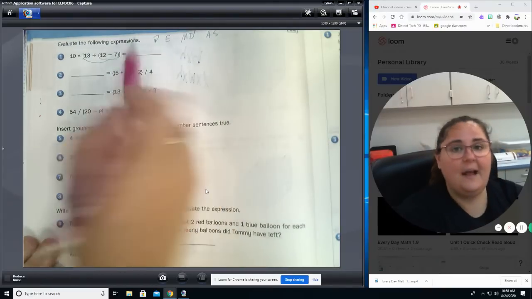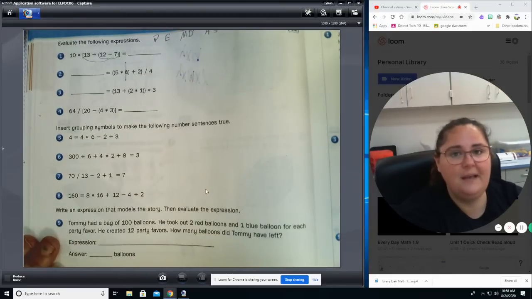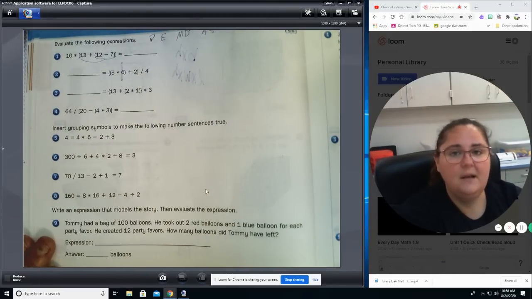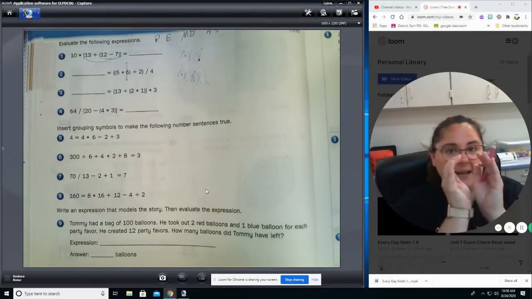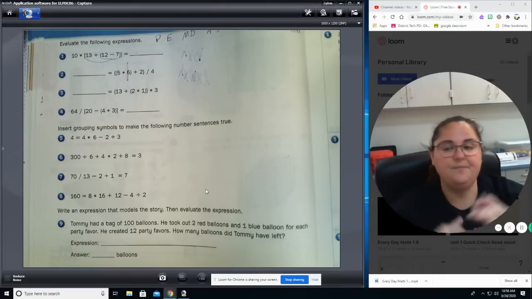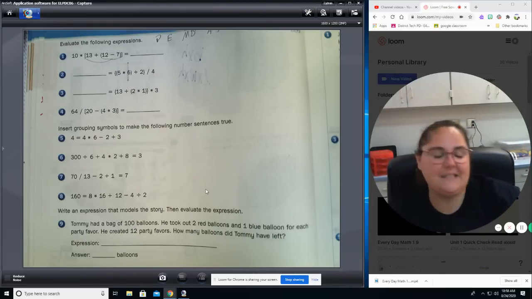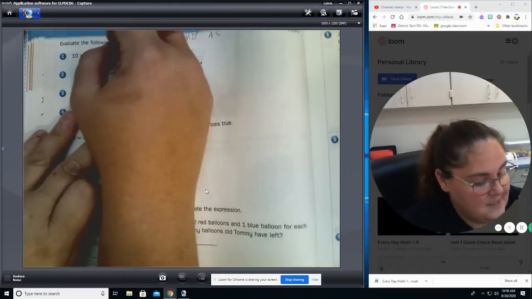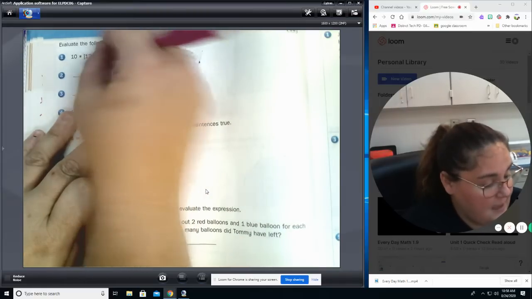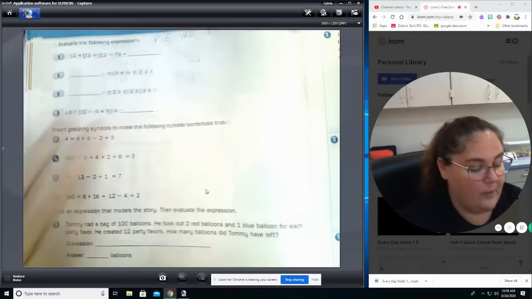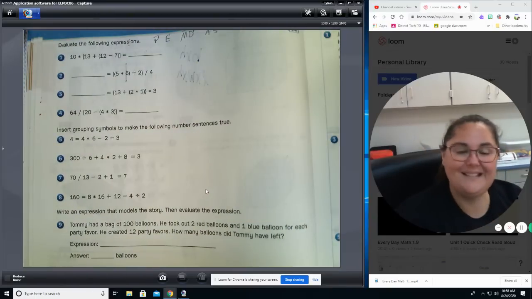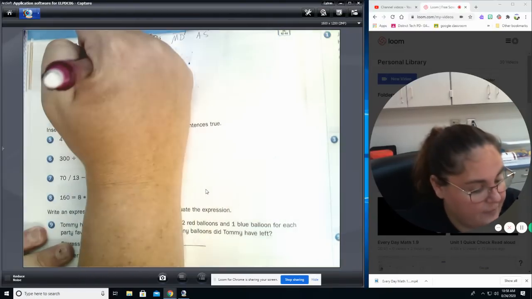So again, I know I already said this, but I'm reiterating, restating. Start with the inside, work your way out. So 12 minus 7. And I think I showed you guys this before. I like to show my thinking, and I like to write my thinking kind of below it. So 12 minus 7. I know that 12 minus 7 is 5.